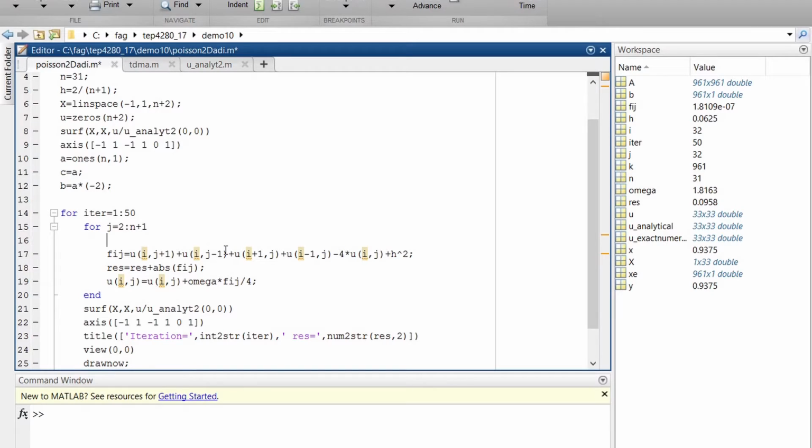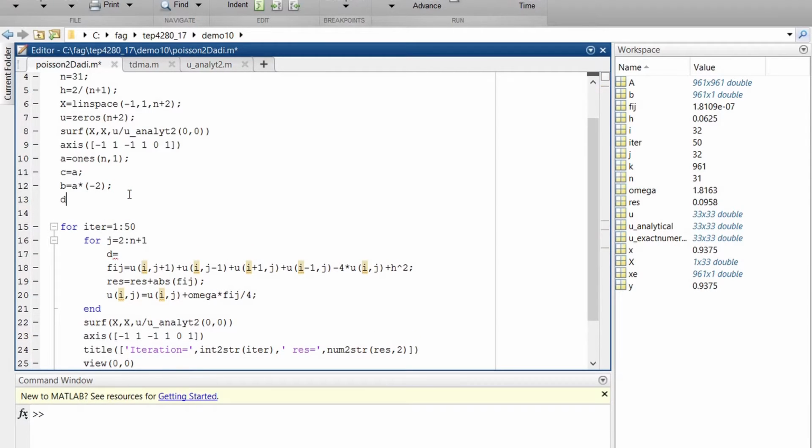So here for a given line j, what should we do? Well, we have to construct the right-hand side of the equation system. And what will it be? Well, we can construct the start of it at least. That should then be the same as A multiplied with minus h square.